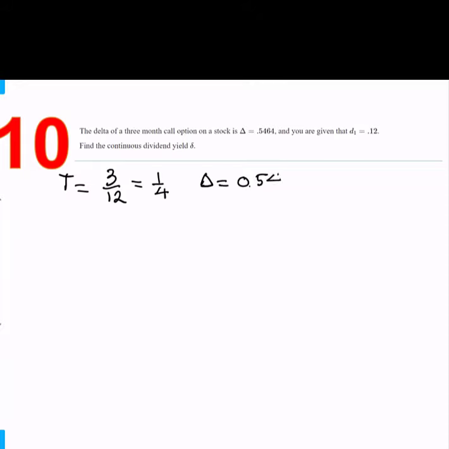Delta is given as 0.5464. And d1 is given as 0.12. Now the question is, what is the dividend yield rate?